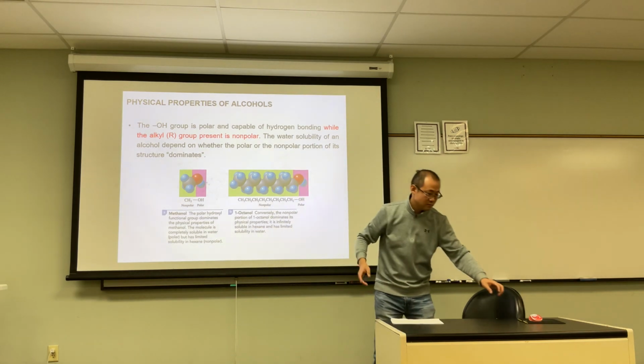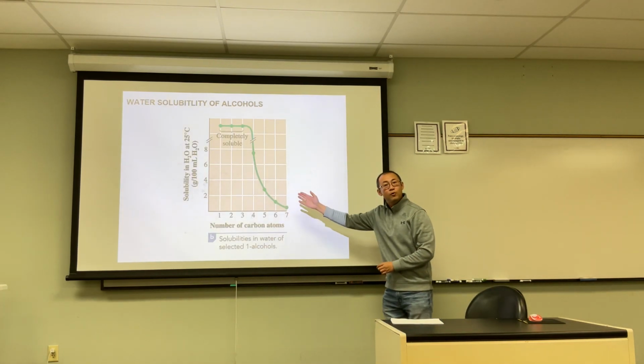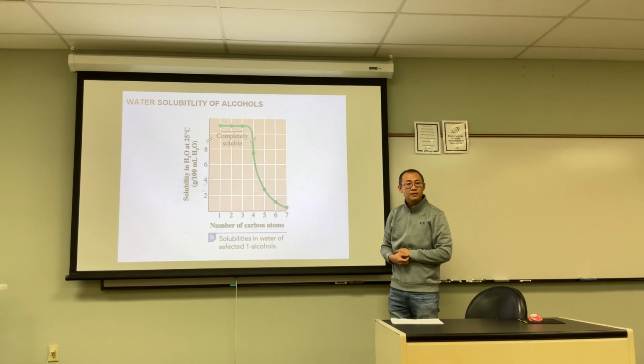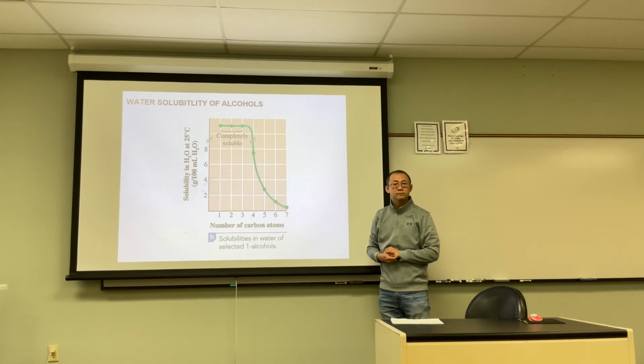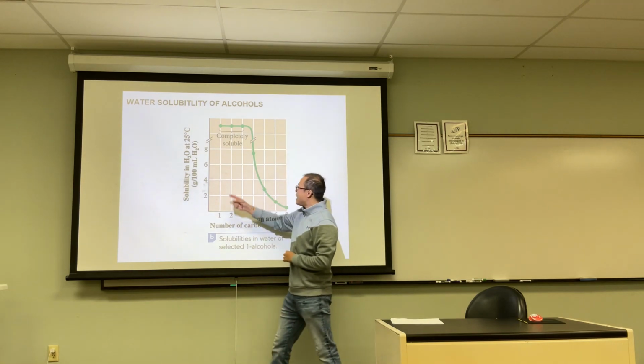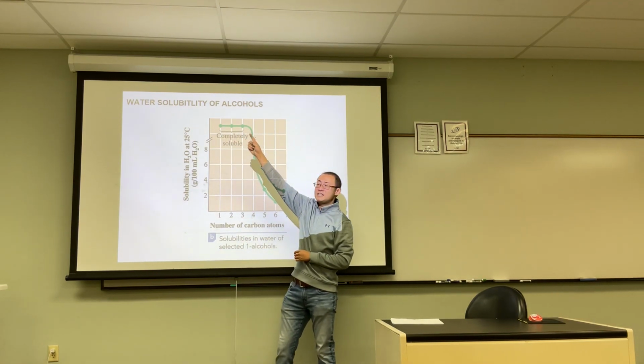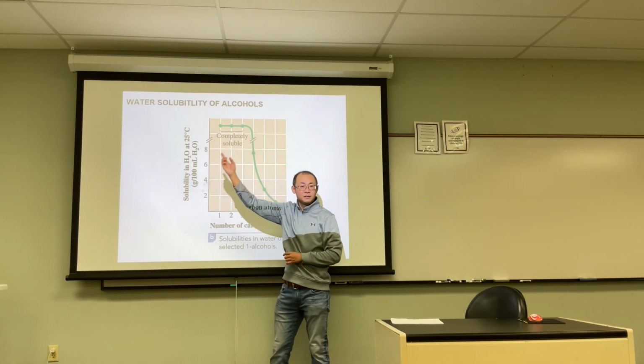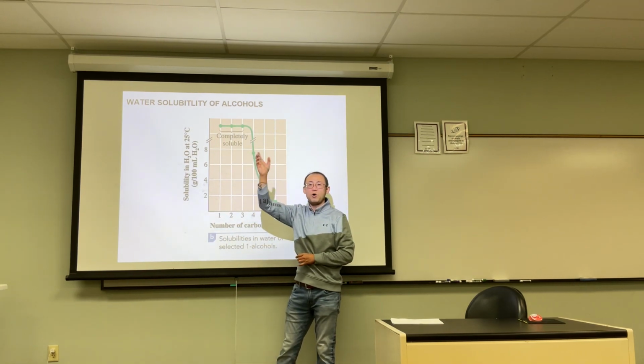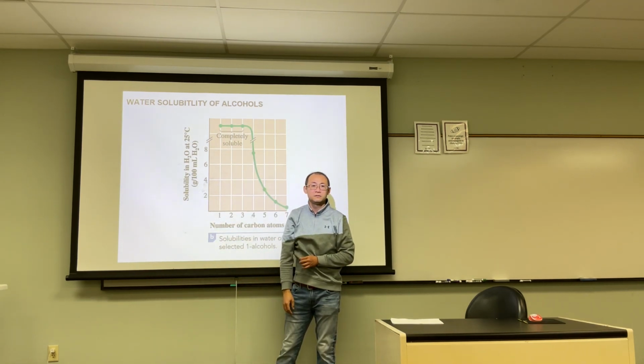So because of that, it's a very important trait. This chart shows you the solubility of alcohols ranging from carbon number 1 to carbon number 7. When you have only 1, 2, and 3 carbons, they're completely soluble. That means you can mix them with water no matter how much you want, because they're small. The OH dominates.